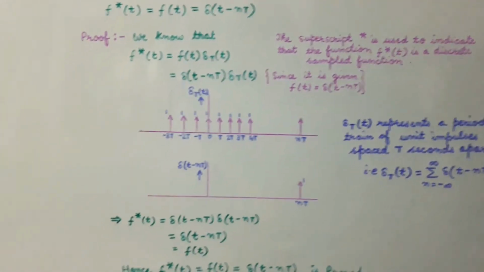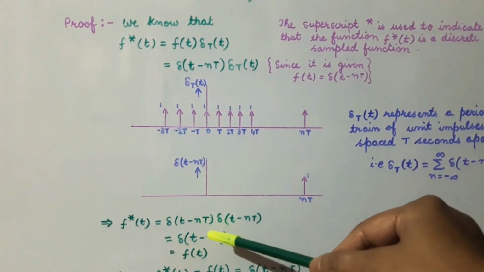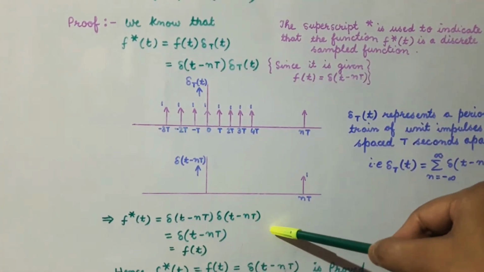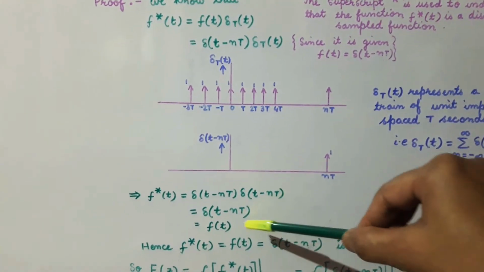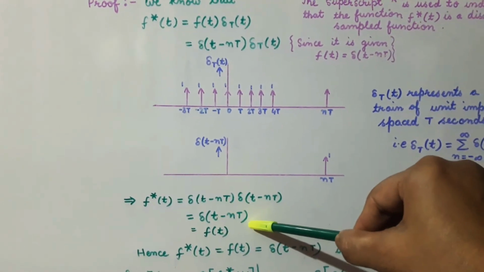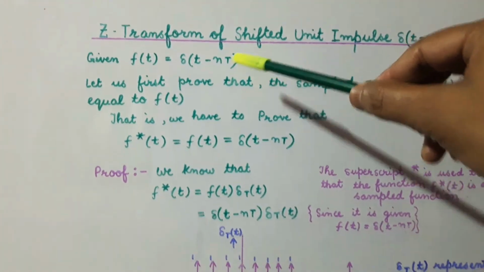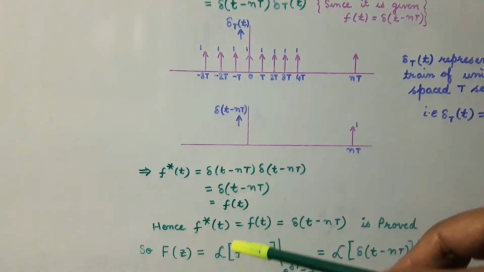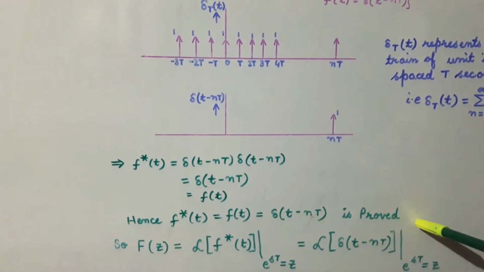So we will get the value of f*(t) as delta(t - nT) into delta(t - nT), which is the same as delta(t - nT). And what is delta(t - nT)? This is f(t), which we found out here. So we have proved that f*(t) is equal to f(t) is equal to delta(t - nT). We have proved this.